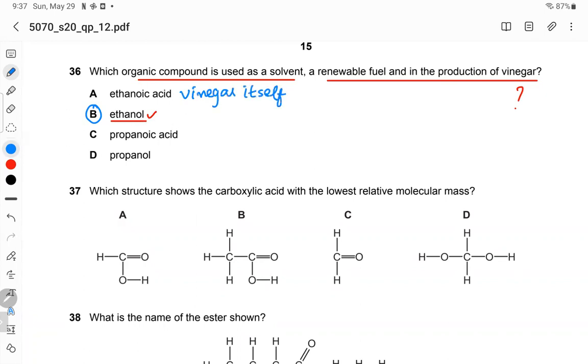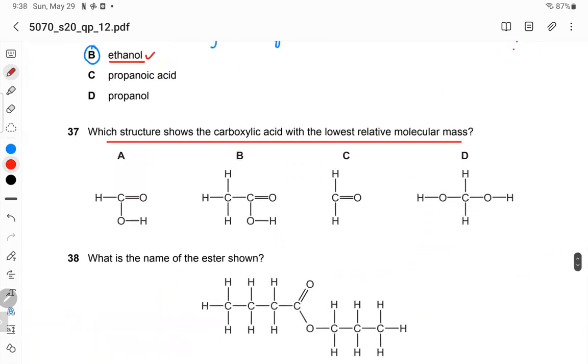Okay. Now, question number 37. Which structure shows carboxylic acid with the lowest relative molecular mass? So I can easily mark C wrong because it is not a carboxylic acid. D also goes wrong because it is not a carboxylic acid. We have A and B as carboxylic acids, but A has one carbon and B has two carbons.